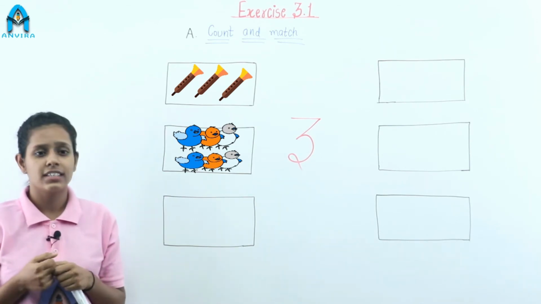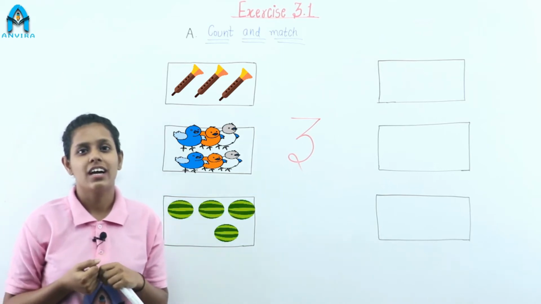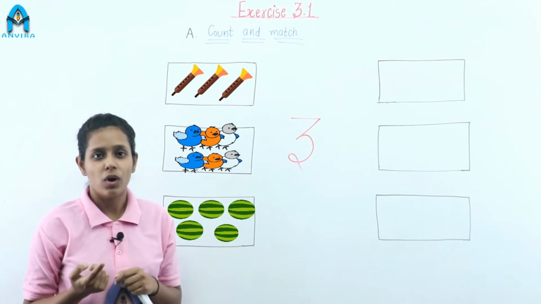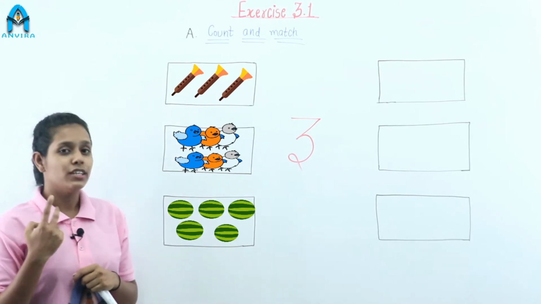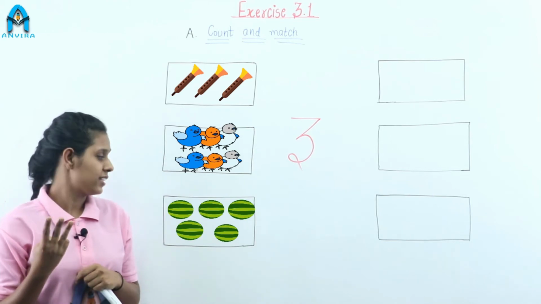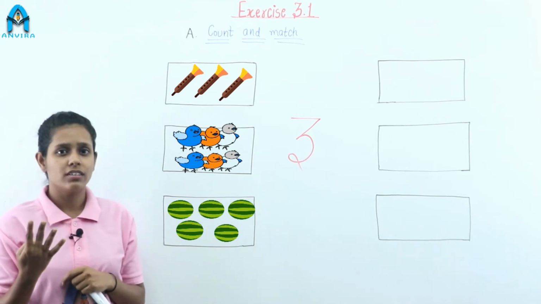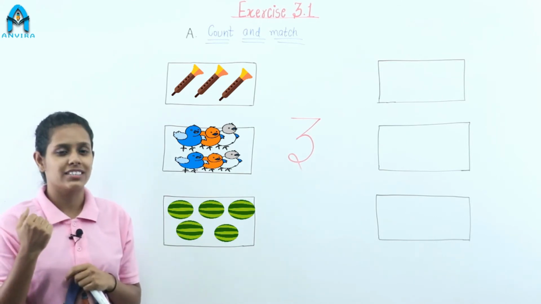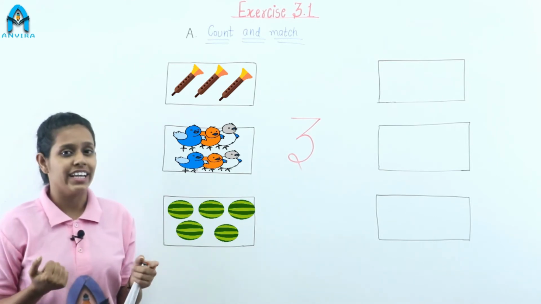What is this? Watermelon. How many watermelons? Let's count. 1, 2, 3, 4, 5. 5 watermelons. Now, look at the next picture.